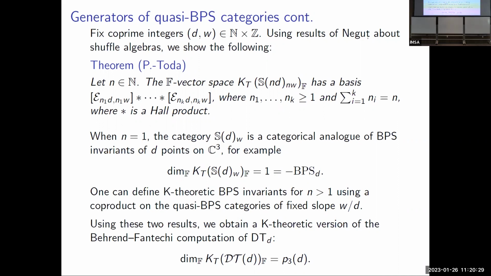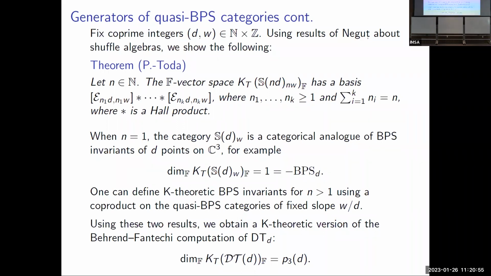And then via some wall crossing results, you can get that the DT invariants are, up to a sign, the number of plane partitions of D. So what happens here is that the K theory of these quasi-BPS categories is too large if the greatest common divisor of the number of points and the weight is strictly bigger than 1. But if they are coprime, you actually get 1.